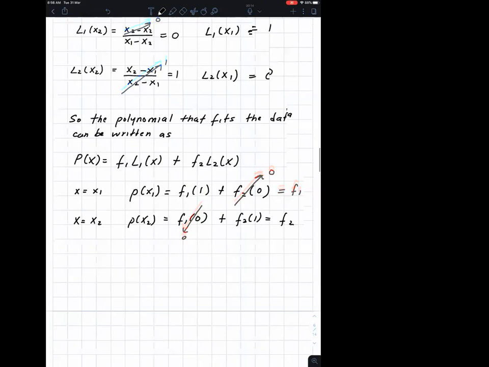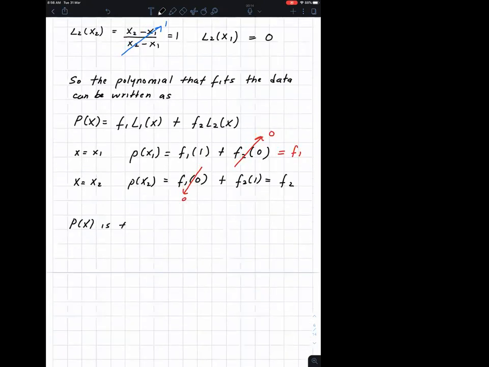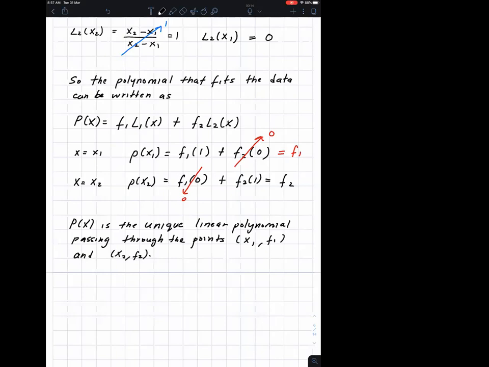So now Px is the unique linear polynomial passing through the points x1, f1, and x2, f2.